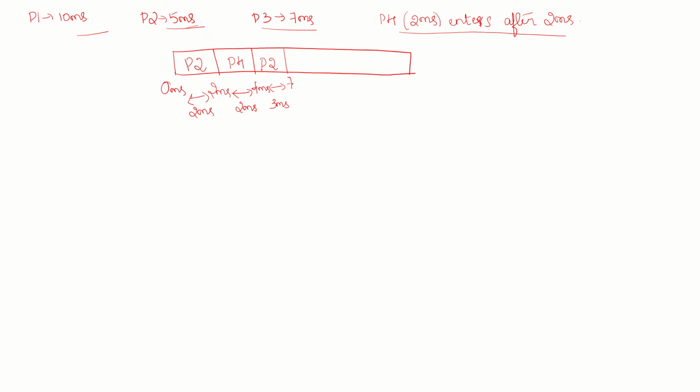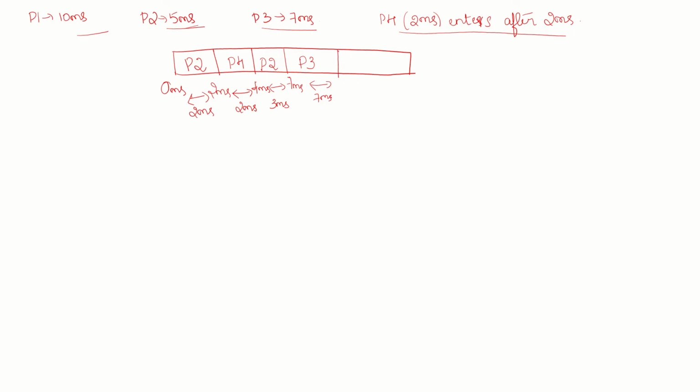So this is 7 milliseconds. Now P2 is done, P4 is done. The next shortest job is P3. So at 7 milliseconds, P3 enters and executes for 7 more milliseconds.